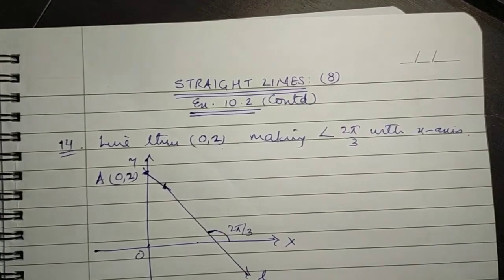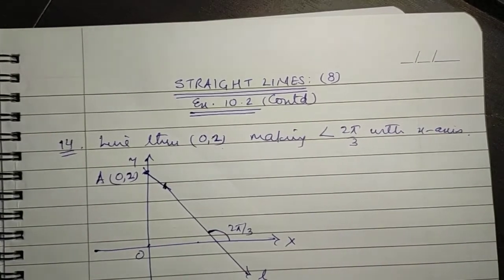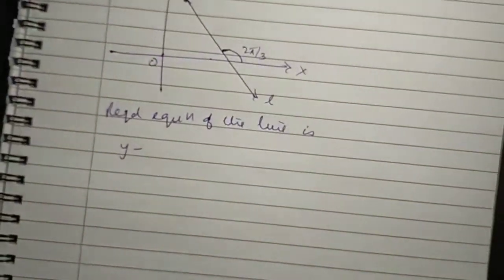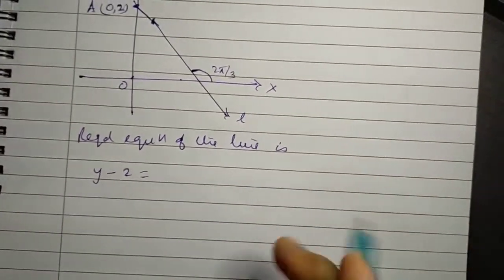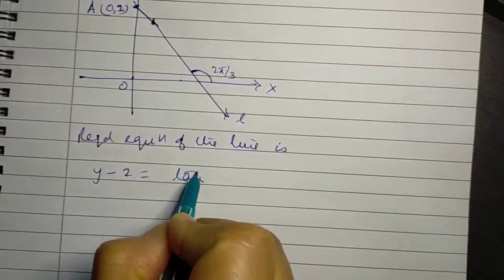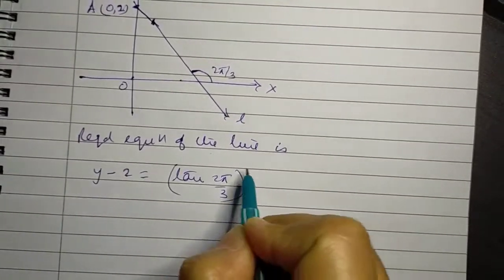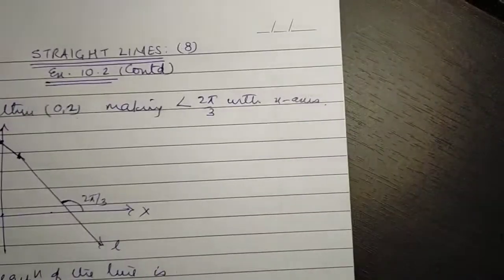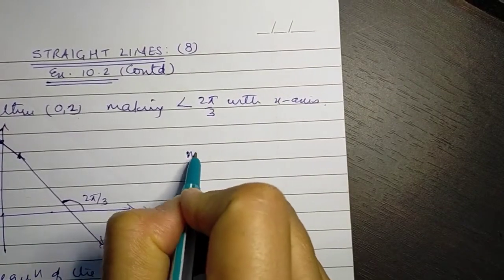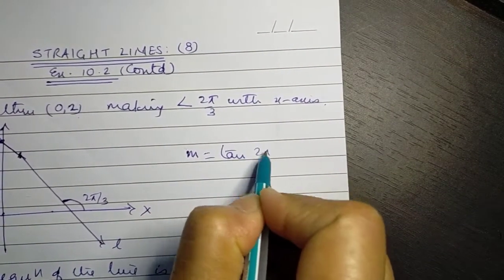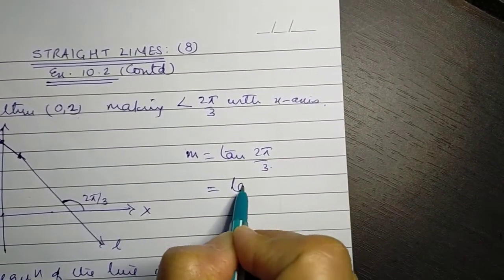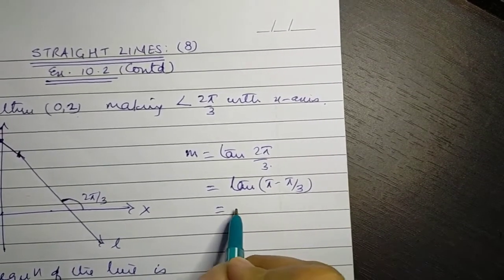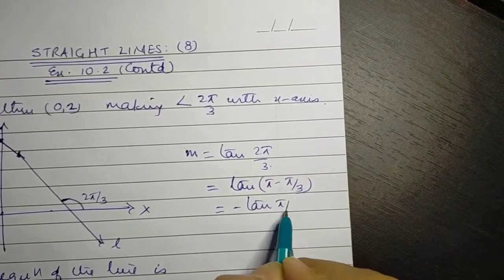So the required equation of the line is y minus y1, which is 2, is equal to the slope, which would be tan of 2 pi by 3, into x minus 0. Now the slope is tan 2 pi by 3, which is equal to tan of pi minus pi by 3, which is equal to minus tan pi by 3.